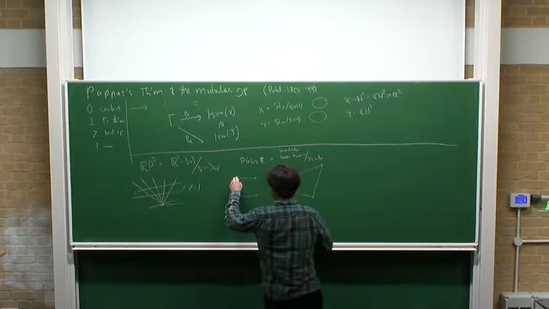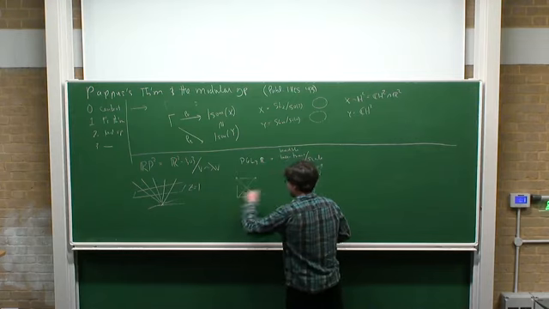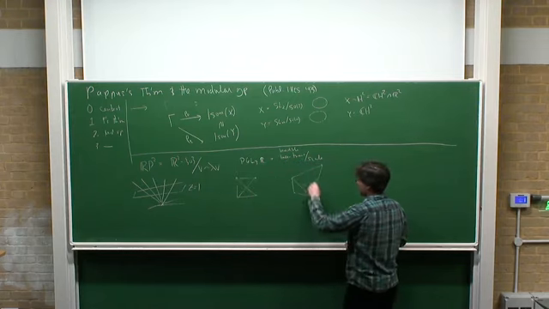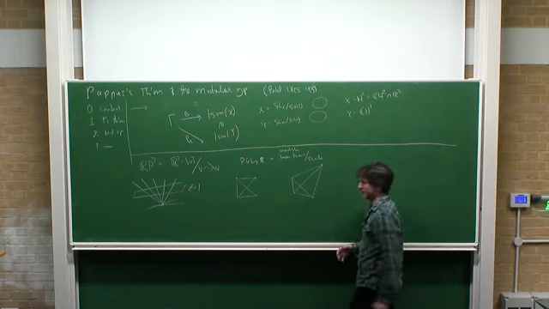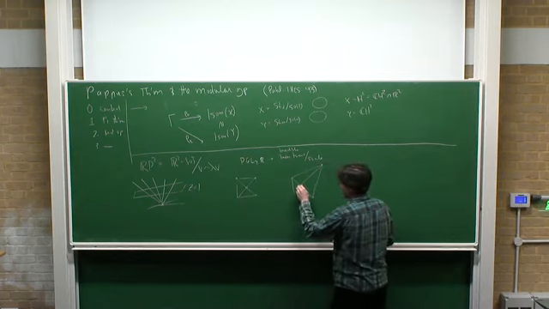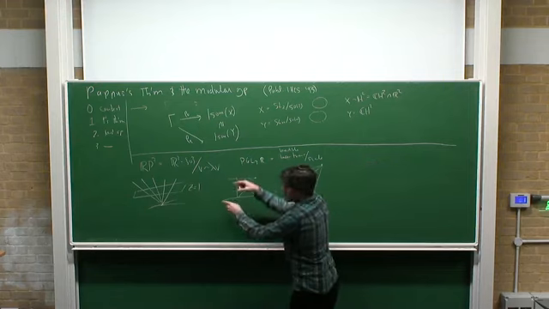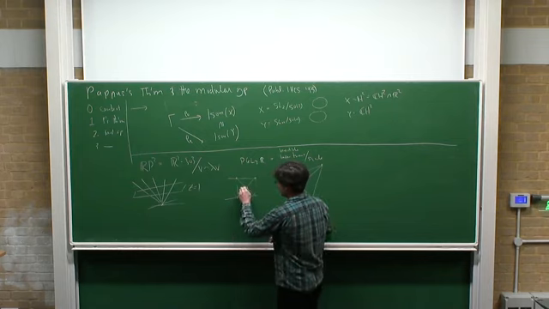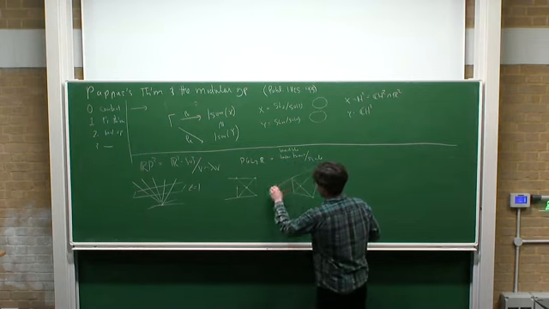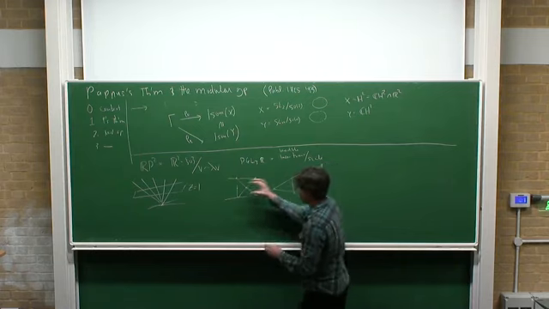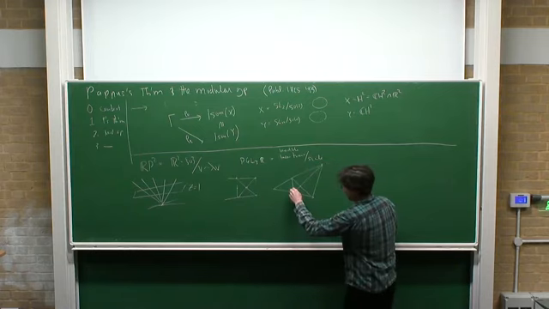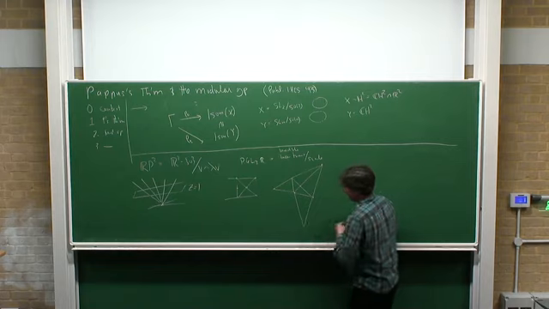And I guess this is maybe how painters did perspective. The fact that lines go to lines means that this point has to go to this point, and then these two lines meet at infinity, and so the point at infinity has to map here, and so on like this.